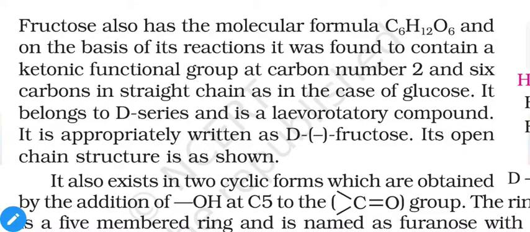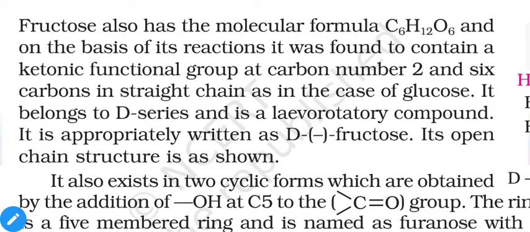It belongs to the D series, capital D, that means the last asymmetric carbon will have the OH group on the right hand side, and it is a levorotatory compound, that means optically it will rotate light in the left hand side direction. It is appropriately written as D minus fructose.